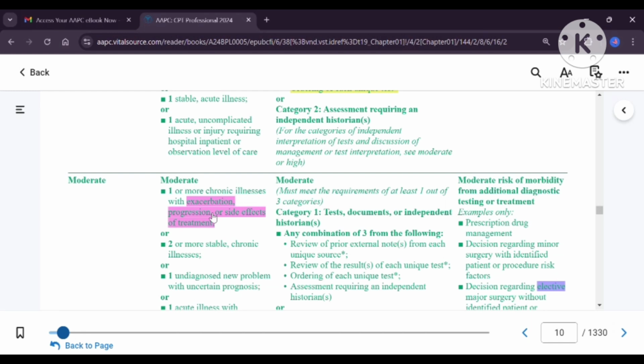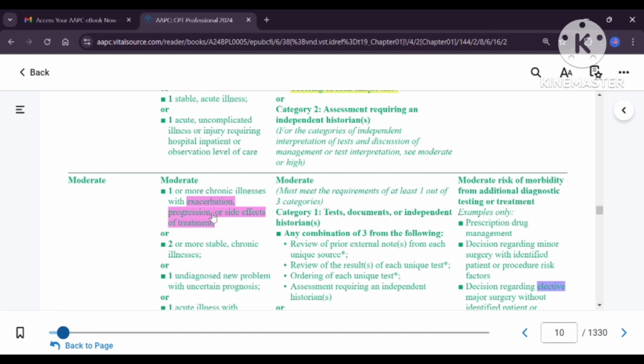Or the patient has got one undiagnosed new problem with uncertain prognosis. That means still now the patient has not undergone any testing for a new problem which has arisen within a short time. For example, a patient is coming to the hospital with a big mass in the abdomen.